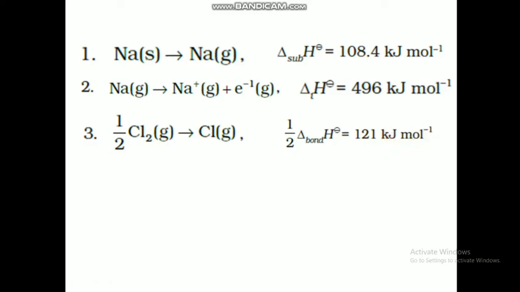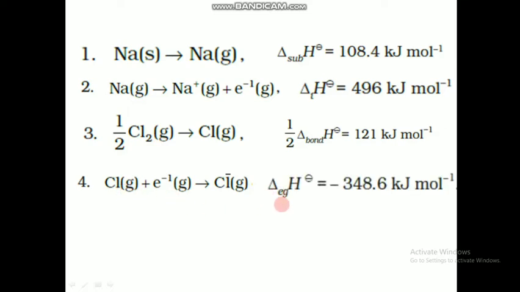Next, the gaseous chlorine atom accepts one electron and becomes a Cl minus ion in the gaseous state. It's an electron accepting process, so the enthalpy is the electron gain enthalpy, which is of exothermic nature.